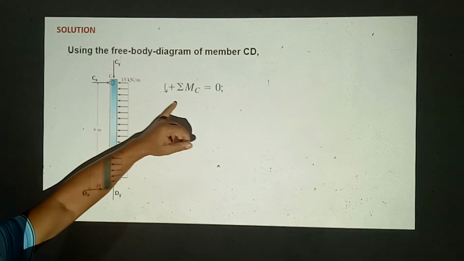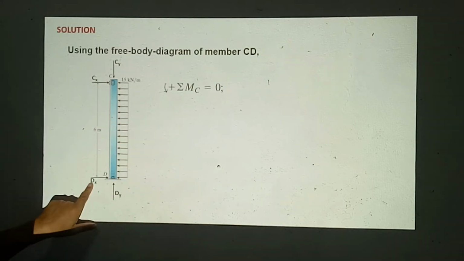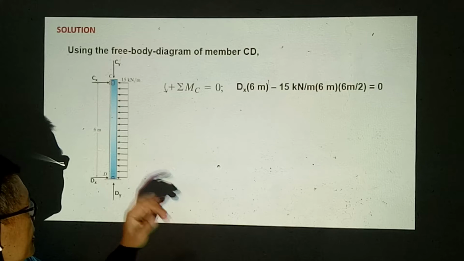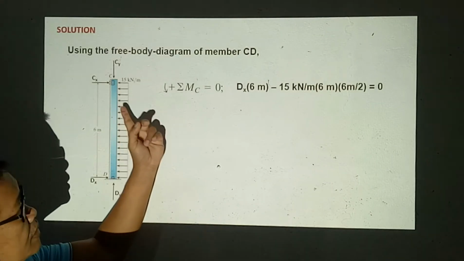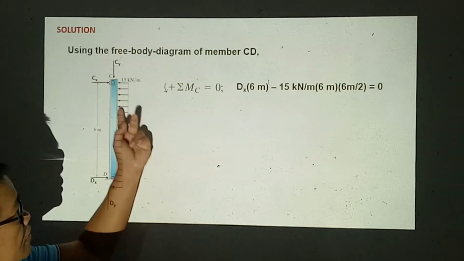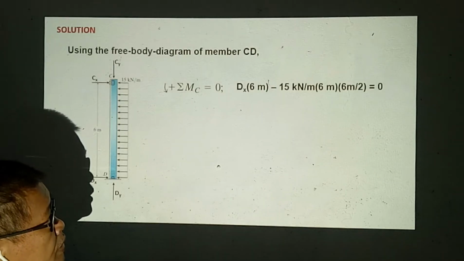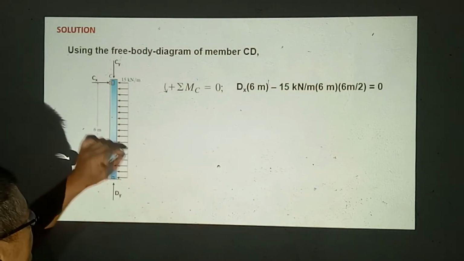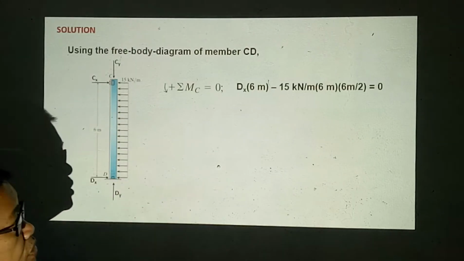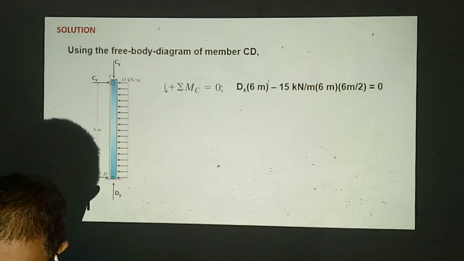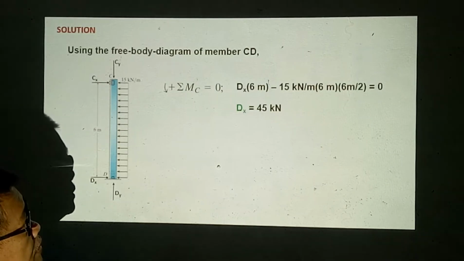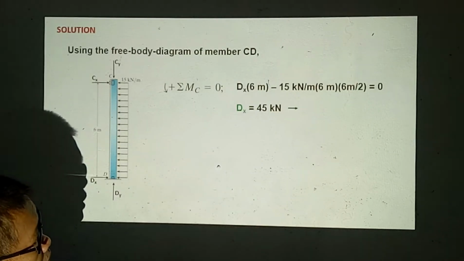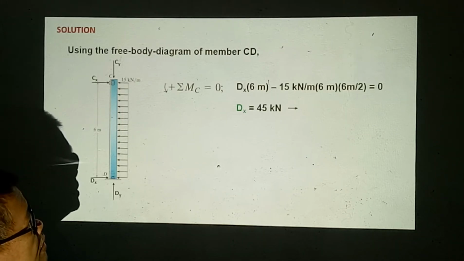We can use summation of moment at C equal to 0 to solve for Dx, which is Dx times 6 meters, its moment arm from point C, minus the moment of the load, 15 kN per meter times 6 meters, the whole span, with moment arm 6 over 2, which is the centroid of the uniform loading, in which we can have Dx equals 5 kN directed to the right.